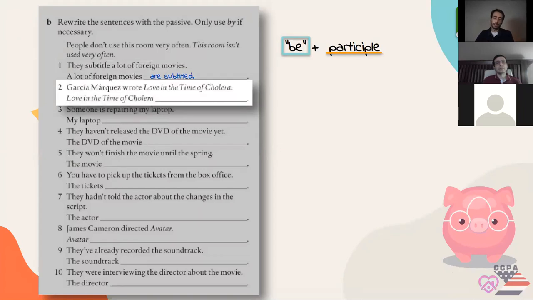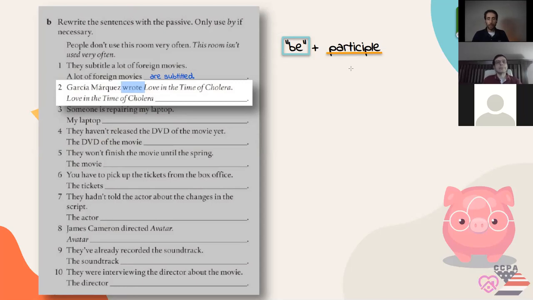Good. Next sentence. Garcia Marquez wrote "Love in the Time of Cholera." What is our verb in this case? In the active form, what is the verb? Exactly, wrote. And this is present, past, future? The past, exactly.